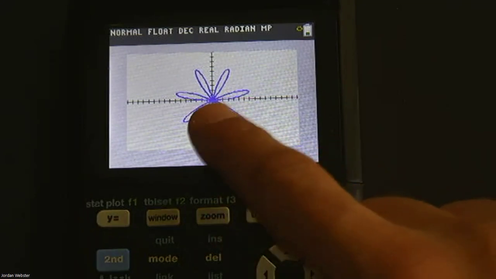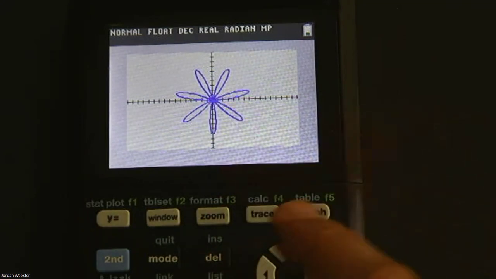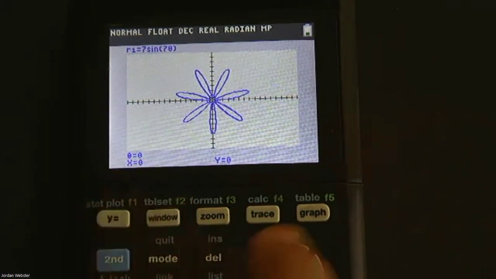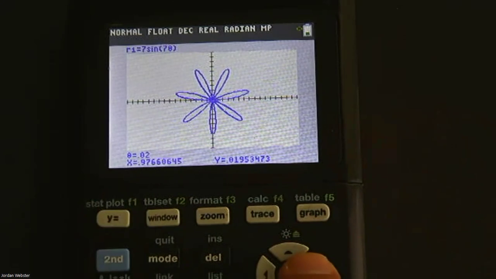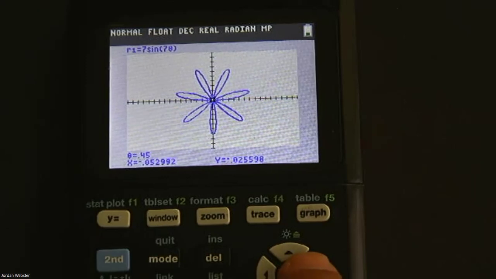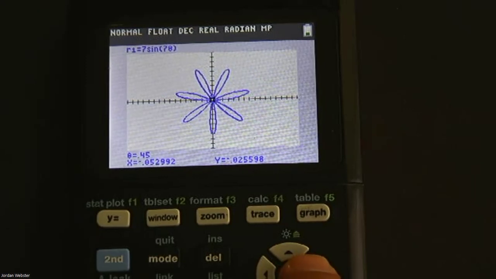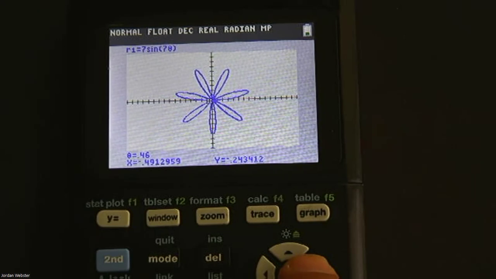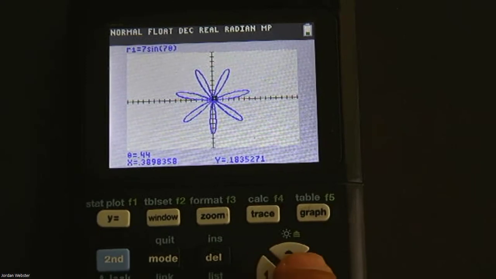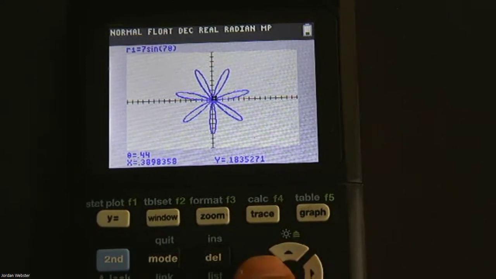Again, if I want to figure out where things hit the origin, I'll just hit trace. Here at theta equals 0, we hit the origin. Go out and back. It looks like it hits the origin at about 0.46 or so, or 0.45, somewhere in there.